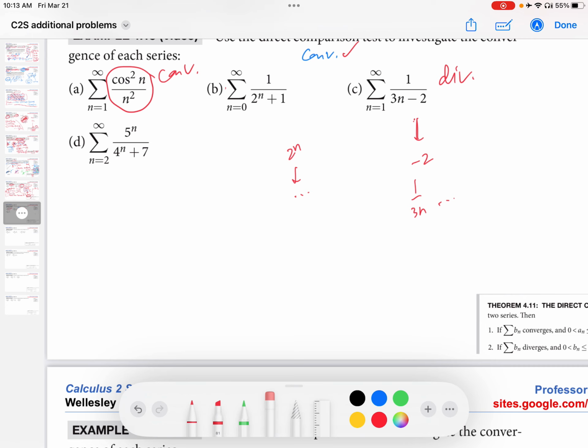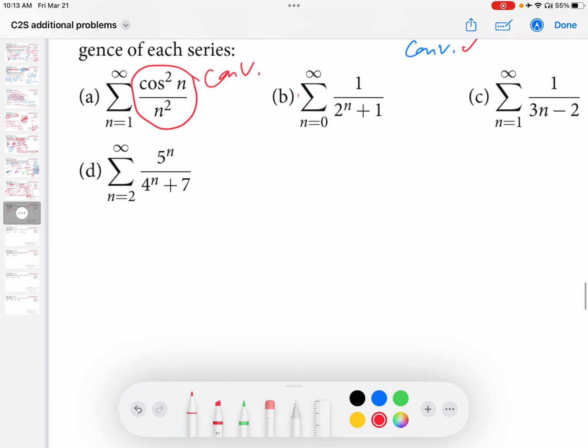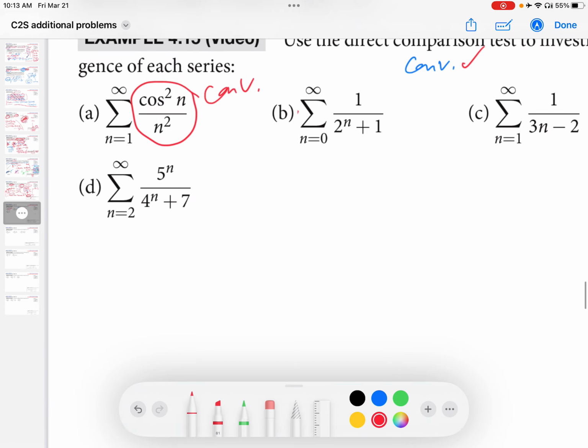This last example, part D, is going to introduce us to yet another way that you could approach these questions for direct comparison tests. Remember, the objective is always to find that precious inequality of the terms that's required by the test. Okay, so you could try the approach here of dropping the 7, along with B and C.